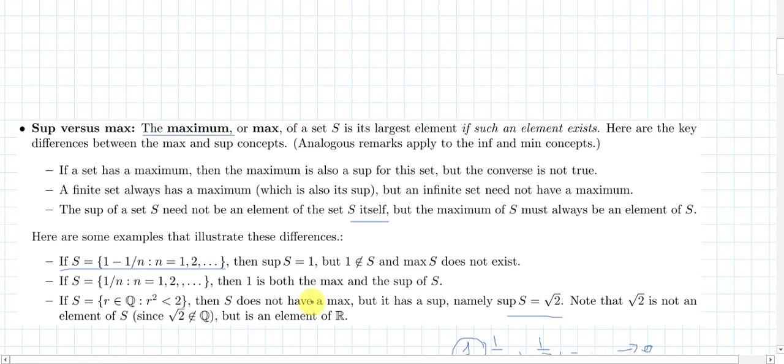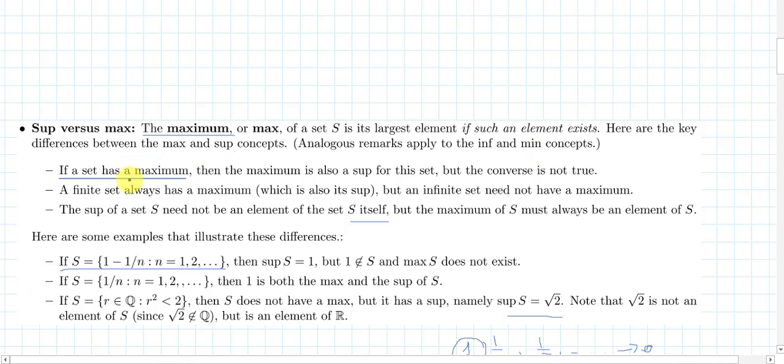But remember, here we showed that if a set has a maximum, this is the largest element from this set, of course, it should belong to this set, and minimum is the least element.